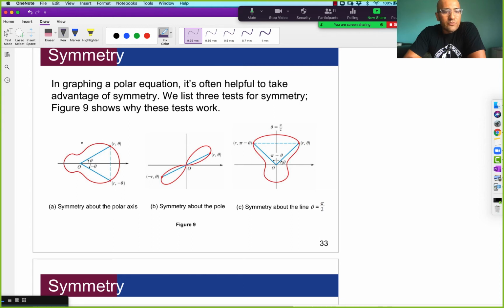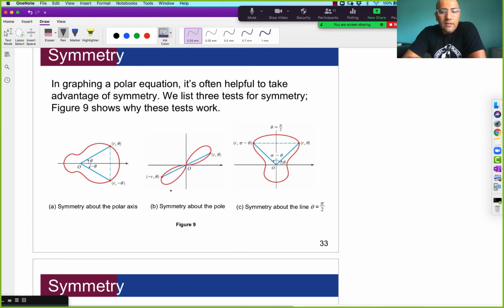Symmetry about the pole is a case where the same angle theta can result in R and then also negative R. So we have both this point and this point for any angle theta, then you have symmetry about the pole.